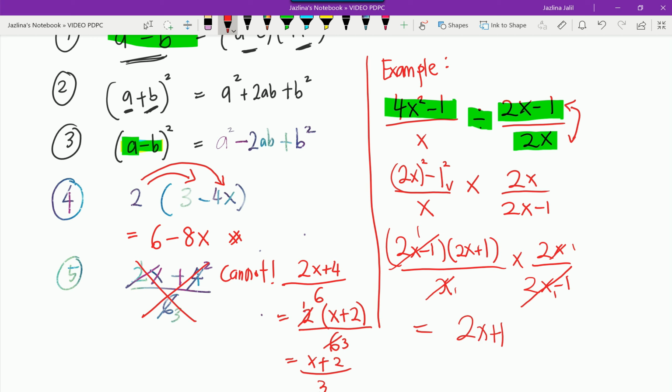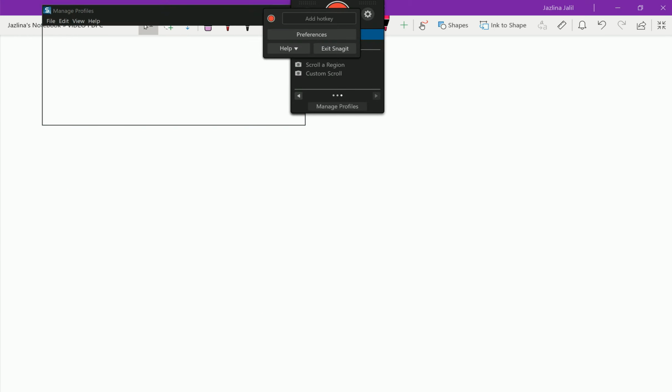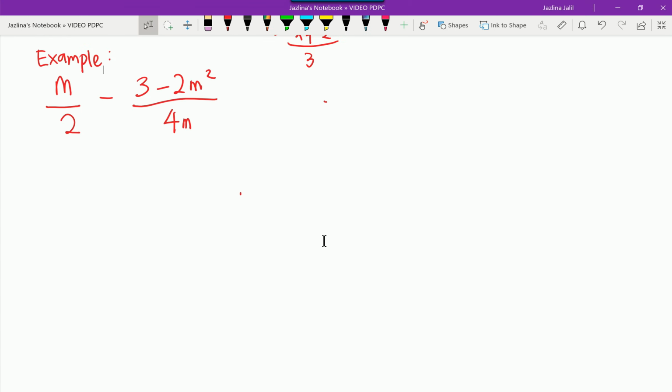Very easy, right? The second example is like this. Here we have algebraic expressions that you need to subtract. It's not multiplication. What you should do is make the denominators the same. So how to make it same?